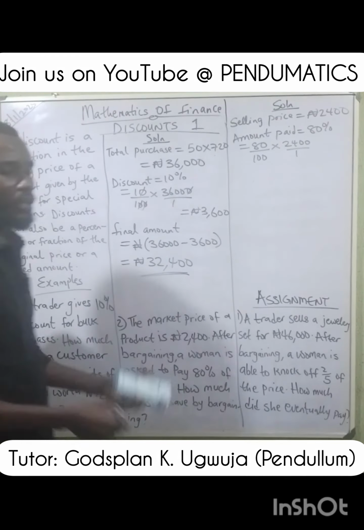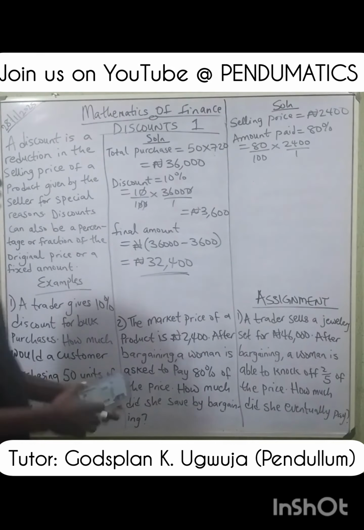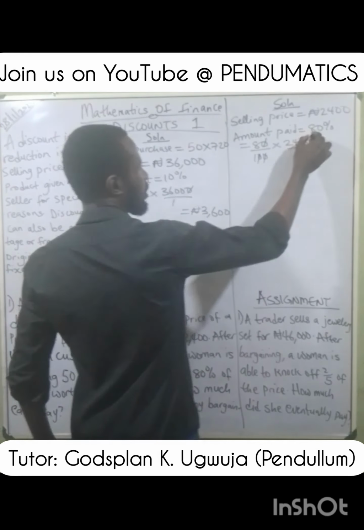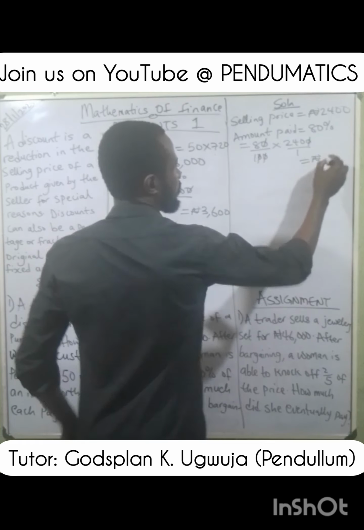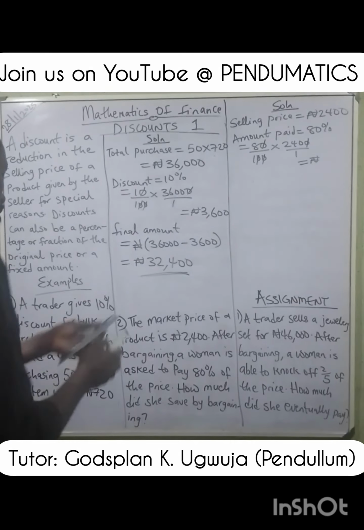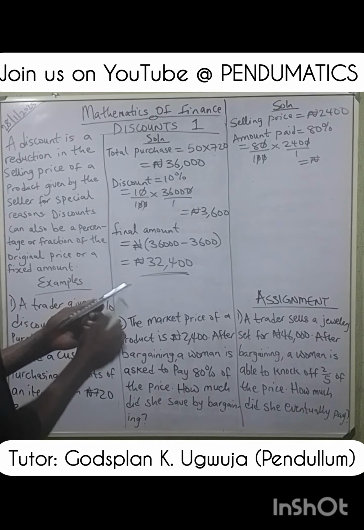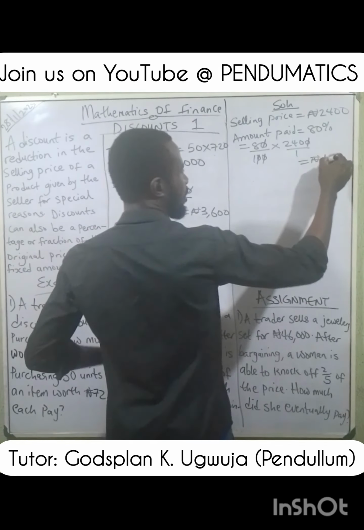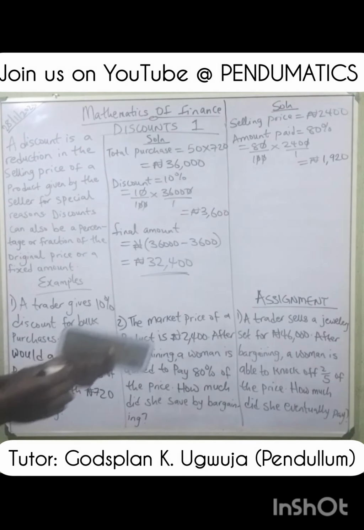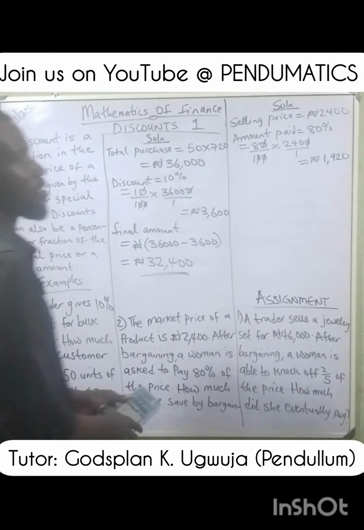Again, 0 can cancel 0, 0 can cancel 0. This will give me 8 times 240, and this is 1,920. So instead of paying 2,400, she paid 1,920.